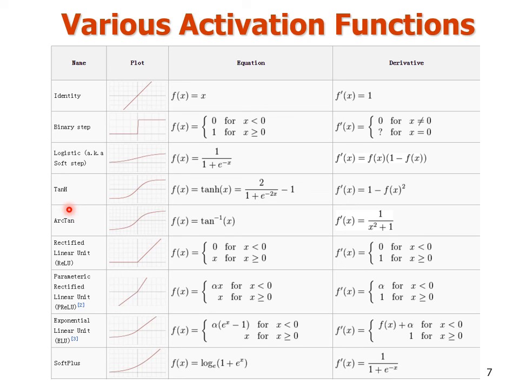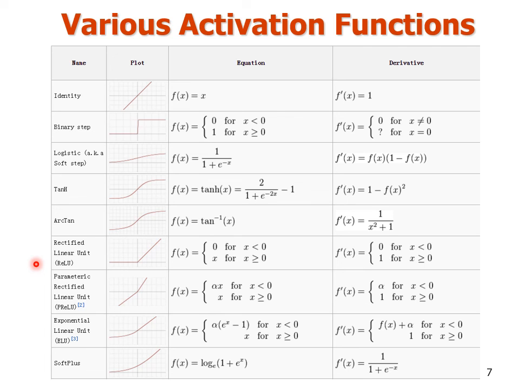We have the arctan function. The most popular nowadays is the function known as rectified linear unit or ReLU function, and this function is also being used in popular deep neural networks.